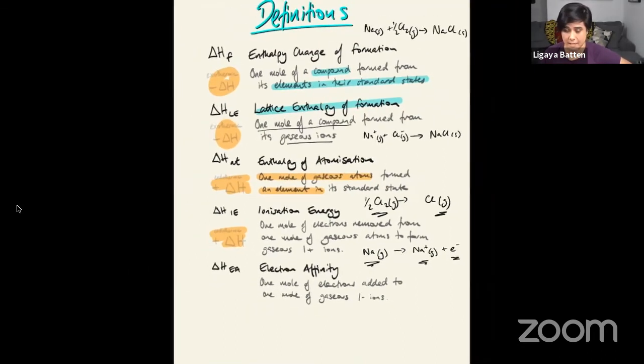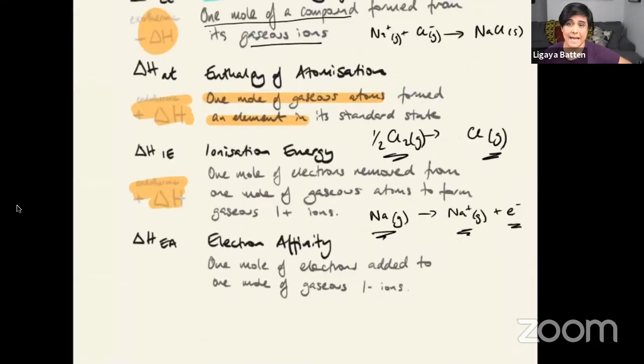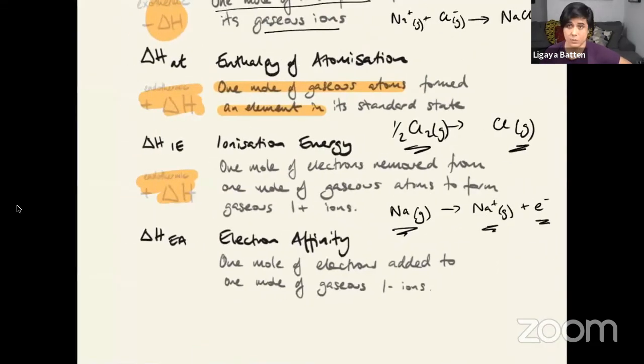Electron affinity is when 1 mole of electrons is added to 1 mole of gaseous atoms to form 1 minus ions. So this is how you make negative ions from atoms. If we've got electron affinity, we've got chlorine atoms, gaseous, and we're adding an electron to make chlorine minus ions.